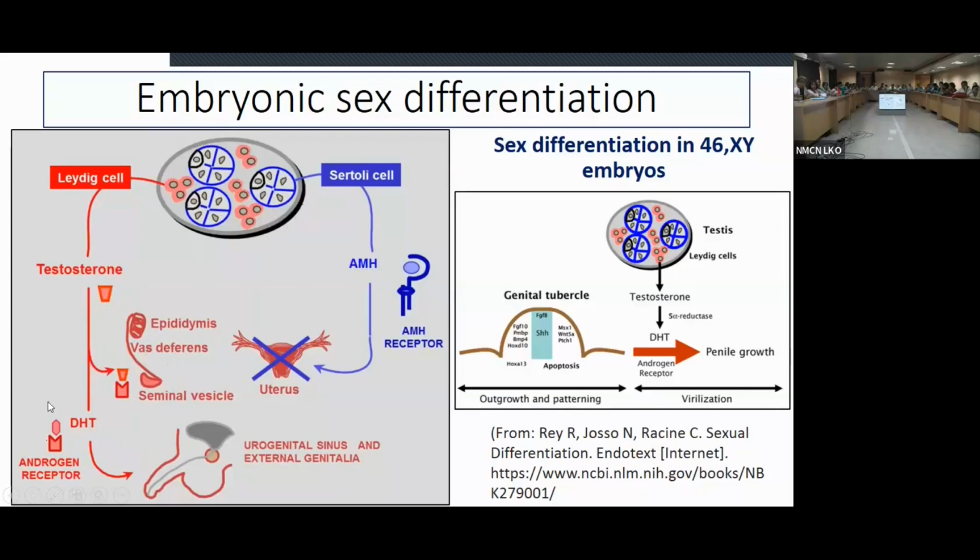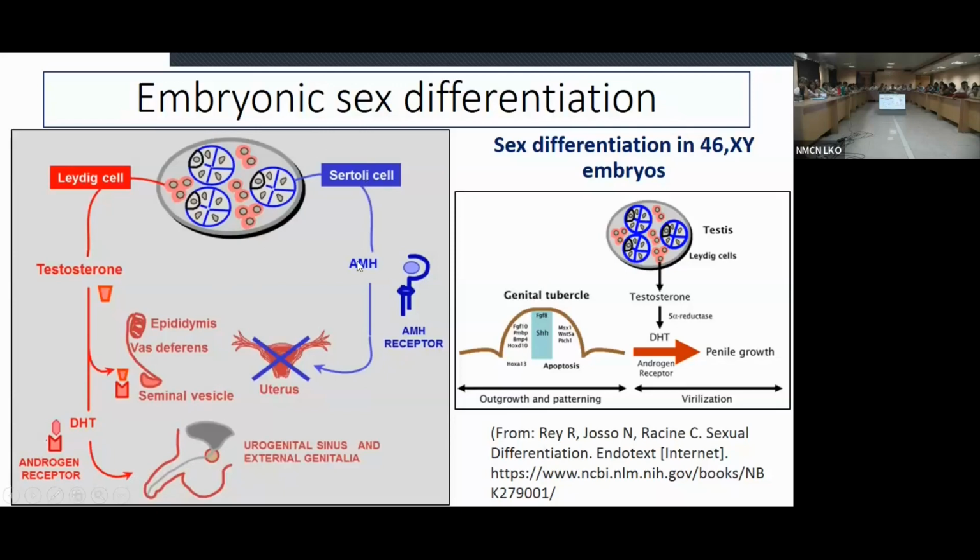And testosterone gets converted to dihydrotestosterone by the action of this enzyme called 5-alpha reductase. And DHT is the thing that acts on the external precursors and is responsible for the differentiation into the male external genitalia. For this, androgen receptors are also involved. And so whatever initial genital tubercle is there, that differentiates into this entire external genitalia in the males.